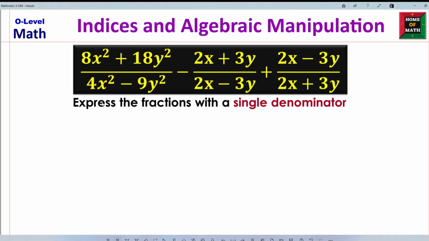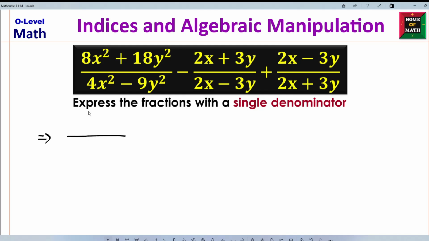Look, here are three terms. One is (8x² + 18y²)/(4x² − 9y²), then minus (2x + 3y)/(2x − 3y), then plus (2x − 3y)/(2x + 3y). We will read them later, but we want to start now. So for the first term, what can we do?